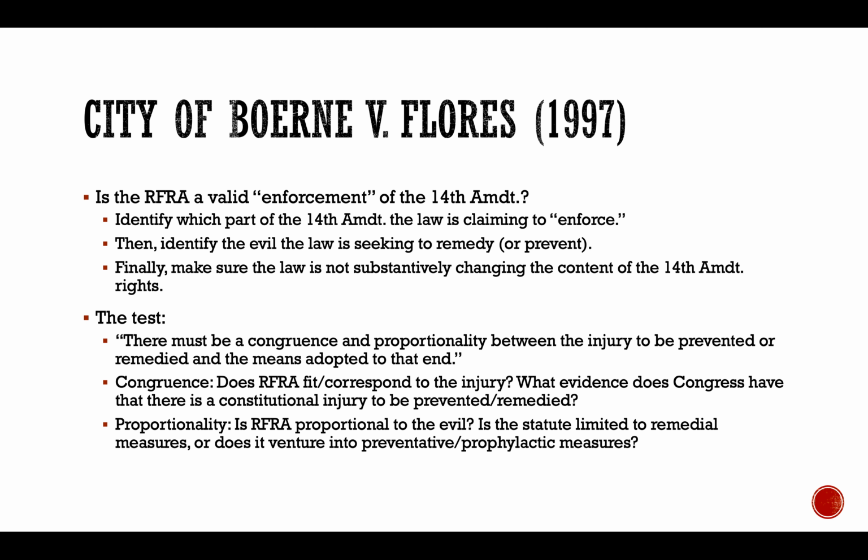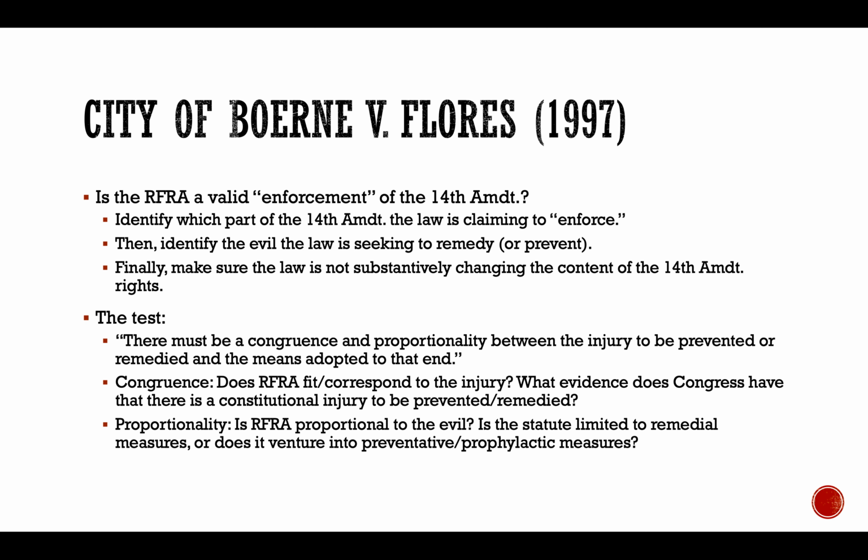Justice Kennedy says that is far too vague of a statute. What Congress would have to do to provide us with a statute that is more congruent and more proportional is they would have to tell us specifically where do you see free exercise violations, keeping in mind the way the Supreme Court has defined free exercise violations. Do you see it with respect to zoning practices?